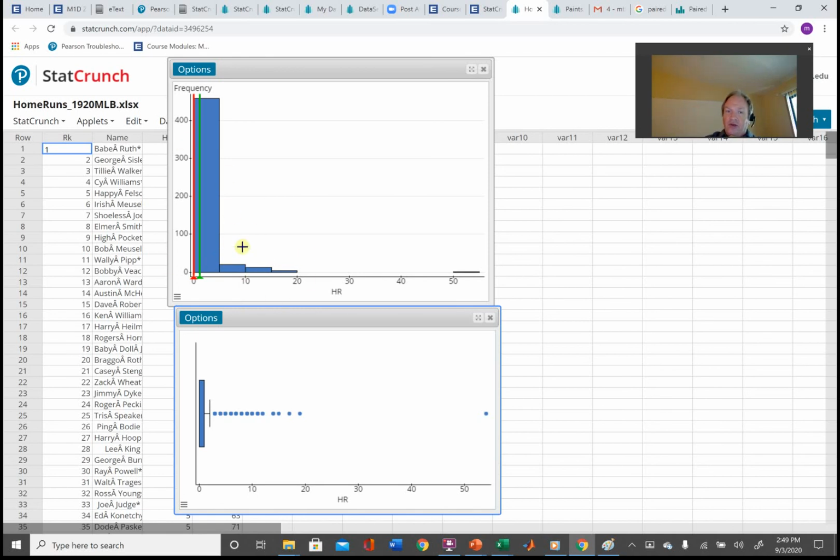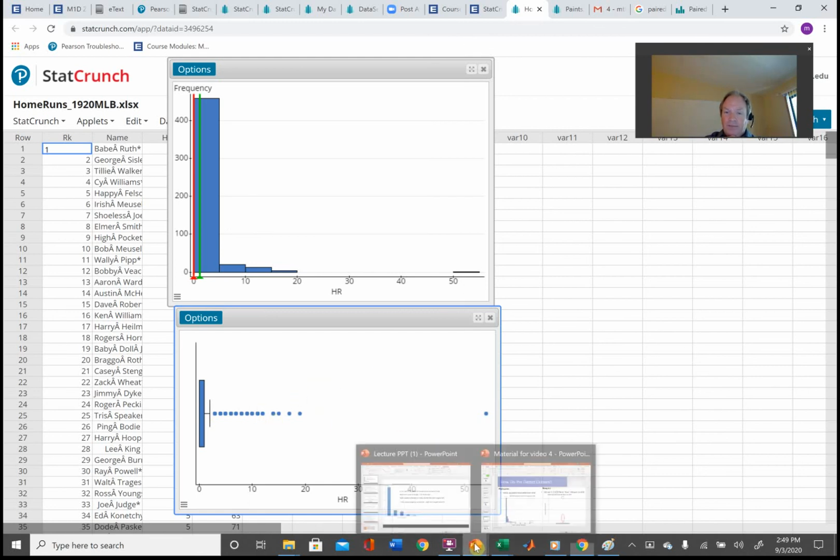This is a unimodal right skew data set with one upper outlier. And these values are not outliers, technically. They're what we sometimes call outliers in name only. They aren't actually outliers. They just appear to be using this criteria that we use for plotting a box plot. And that's very important to understand.